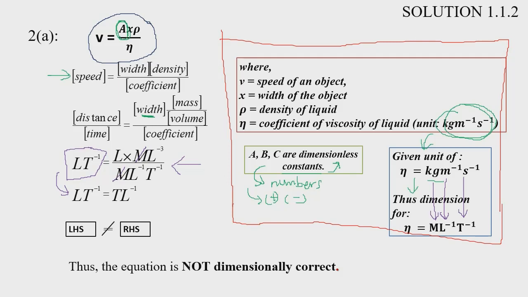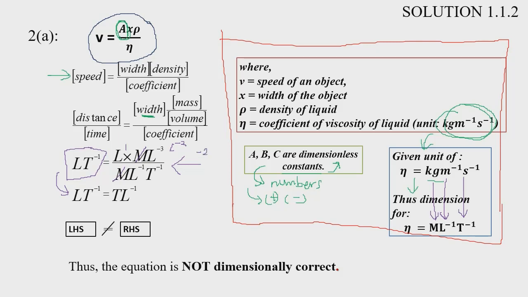So L times L negative 3, you will get, this is L to the power of 1. Therefore, 1 plus negative 3, you get negative 2, right? And then L negative 2 on the upper side, and then you have L negative 1 on the lower side.